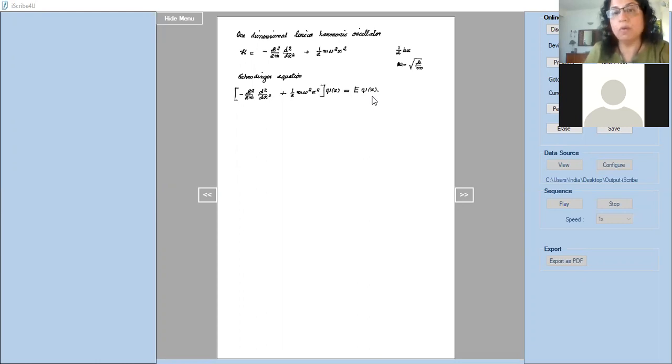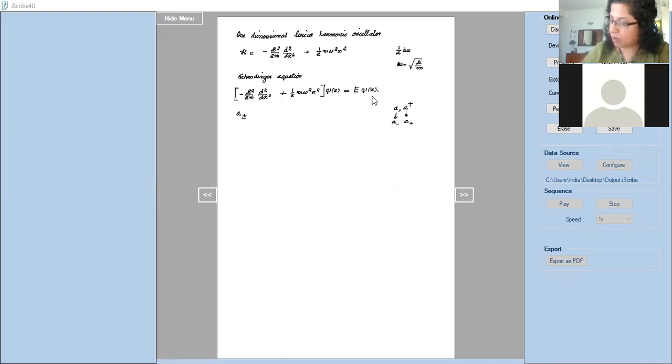So what do we do? We introduce these two operators. They are known as the ladder operators, the creation or annihilation operators. So they have different names. Essentially, you can write them as a plus or a minus. Please note that sometimes they are written as a and a dagger. The a dagger is usually a plus, and this is a minus.